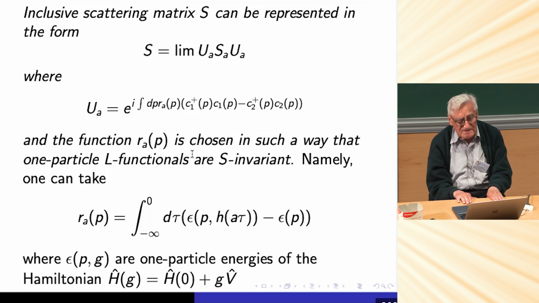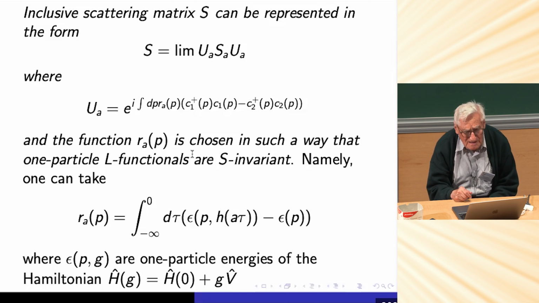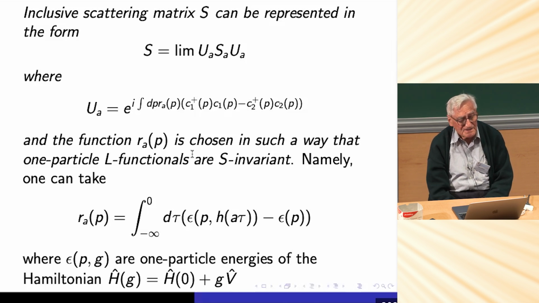The definition is that the scattering matrix or inclusive scattering matrix is a limit of adiabatic scattering matrices in the same equivalence class. Multiplication by this U doesn't change the equivalence class of the scattering matrix.